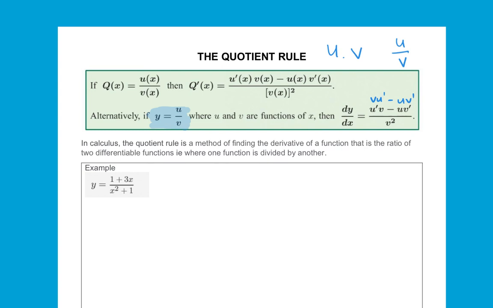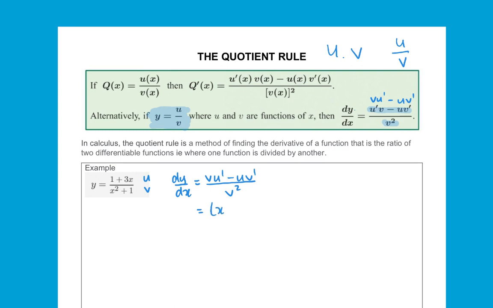We've got y equals 1 plus 3x over x squared plus 1. So u is the function on top, 1 plus 3x, v is x squared plus 1. dy dx, let's write out the rule, vu dash minus uv dash all over v squared.